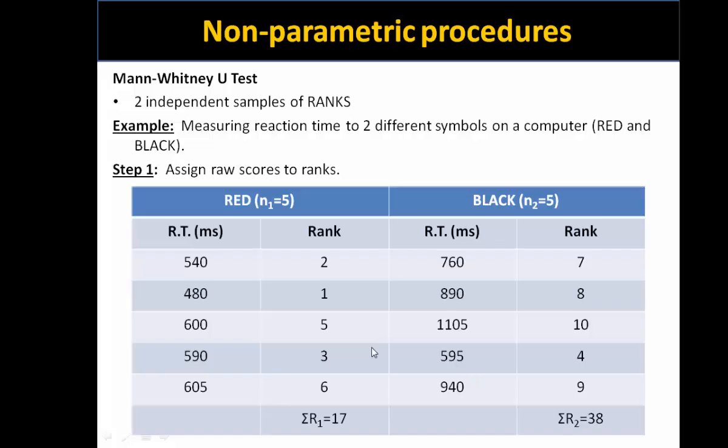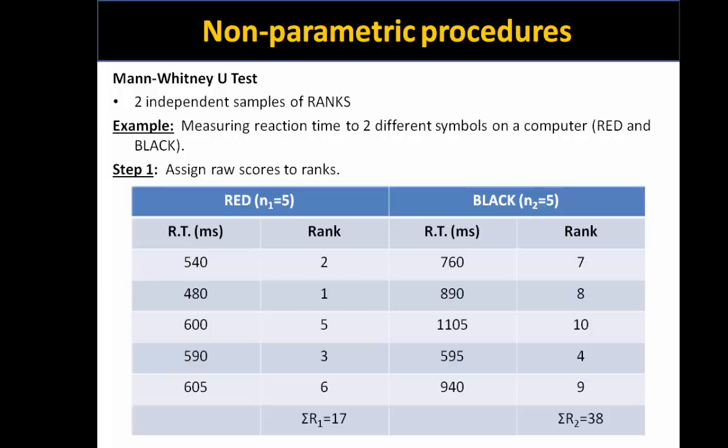What is then done is that the raw scores are converted into ranks. The reaction time of 480 milliseconds is the lowest value, but we assign that a rank of 1 because the lower number indicates a better reaction time.